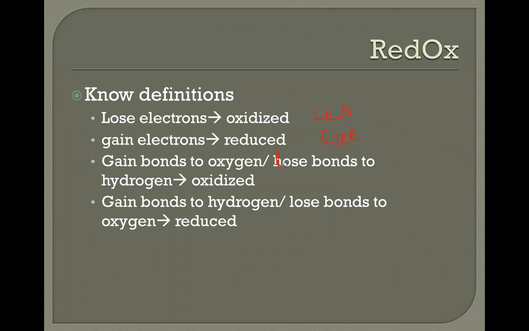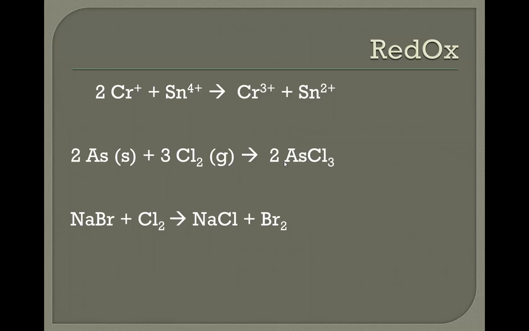Now redox. To do redox, what you have to do is figure out what the charge is at the beginning and at the end. And I look at it as a number line. So here's 0. Remember, electrons are negatively charged.